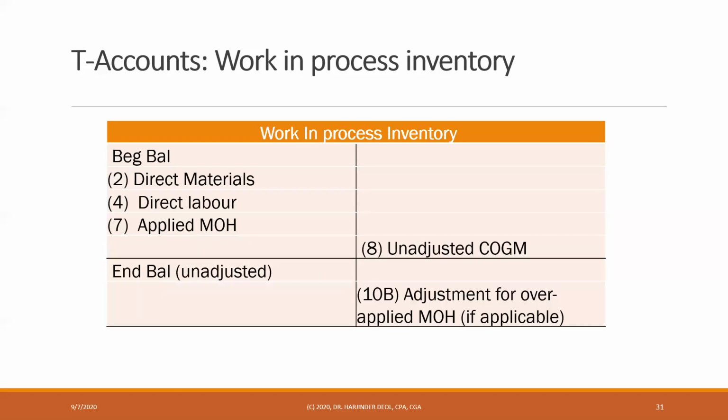So if applicable, there will be a credit to work in process for adjustment for the over-applied manufacturing overhead. This may not always be the case, but wherever the manufacturing overhead is over-applied, there will be a credit to the work in process inventory resulting from that adjustment. So after making that adjustment, we'll get the adjusted ending balance of work in process inventory.